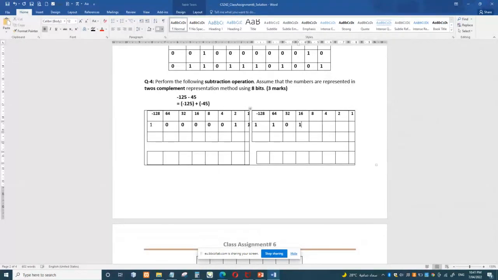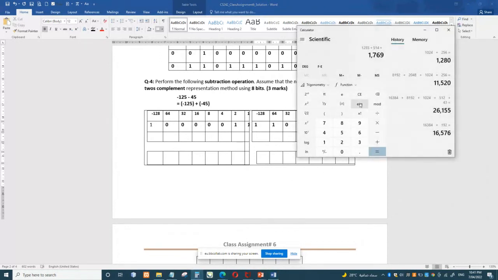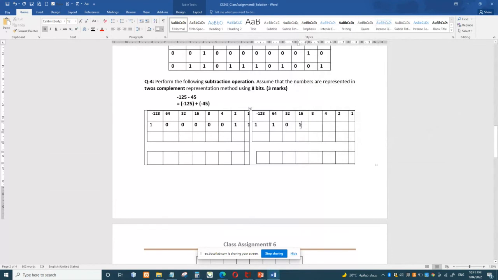So minus 64 plus 16 is minus 48, but our number is minus 45, so we need to add 3.